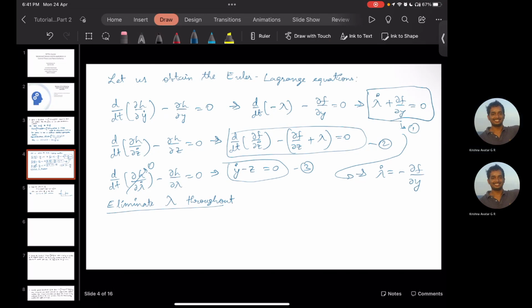And then ẏ is equal to z, fine. So what we can do is make the substitution from equation 2. Differentiating equation 2 with respect to t gives what?